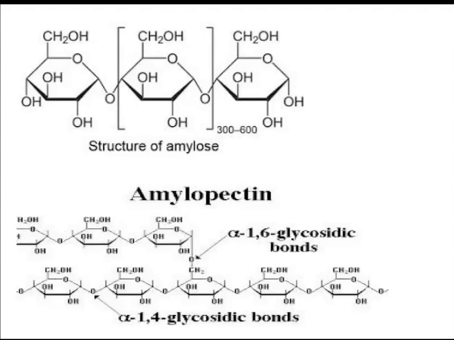Now in the chain, C1 atom of one glucose unit is linked to C4 atom of the other unit with the help of glycosidic linkage, and that linkage is C1C4 glycosidic linkage.